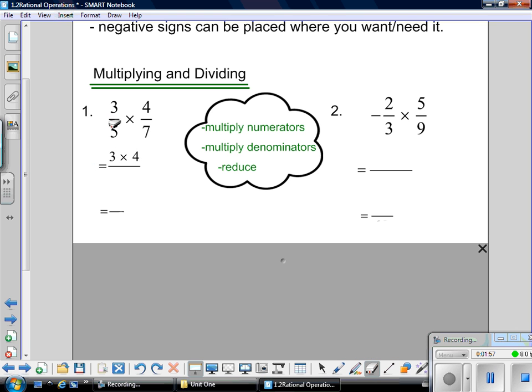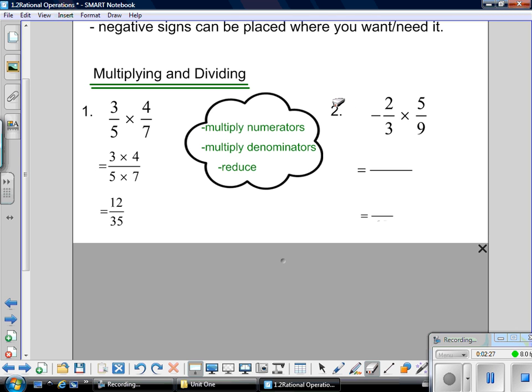And then I multiply the denominators, which is 5 times 7. And then after I've multiplied them, I end up with 12 over 35. And then I see if I can reduce. So reduce means, is there a number that goes evenly into both 12 and 35? Well, in this case, there isn't a number that goes evenly into both of them.